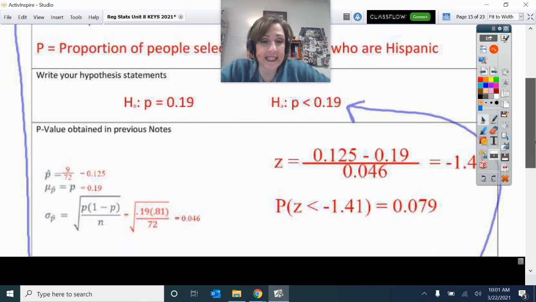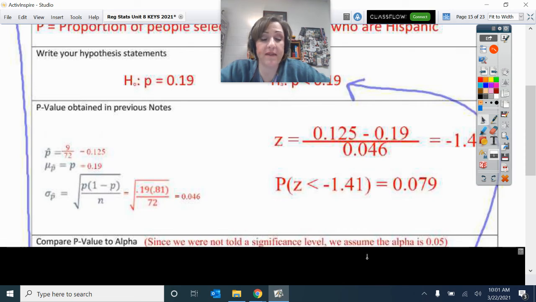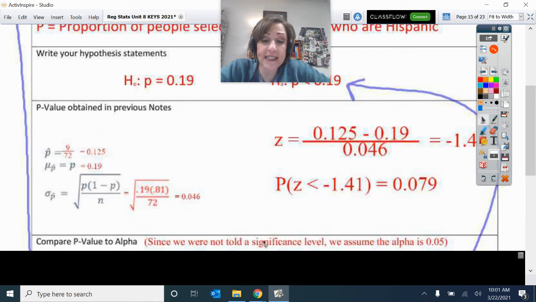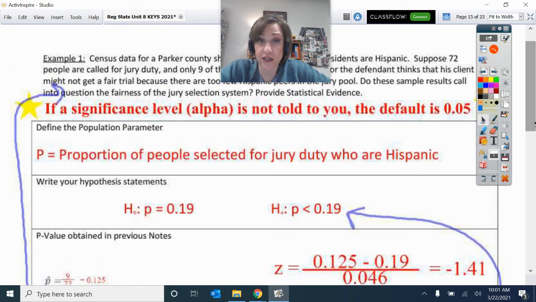So next section says to compare a p-value to alpha. Alpha is called the significance level because if our sample is in the rejection region, it's considered significant. I go up here and I see they did not tell me a significance level.